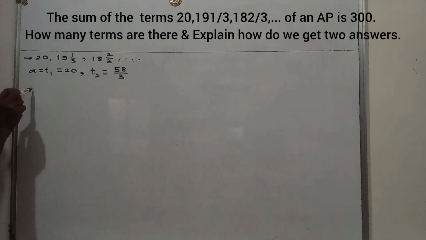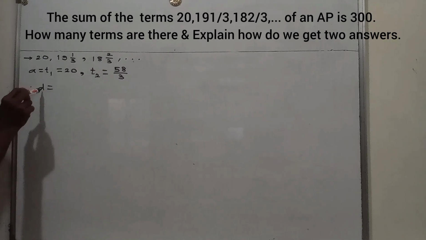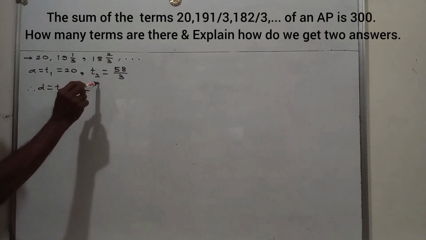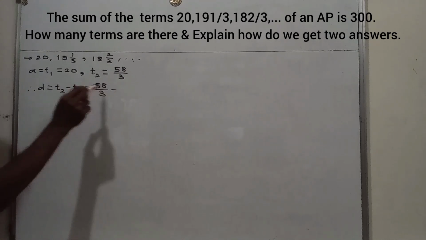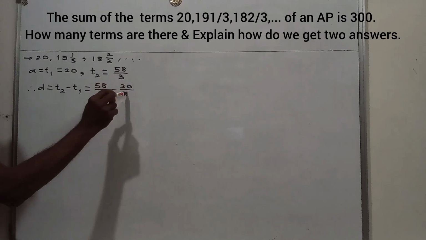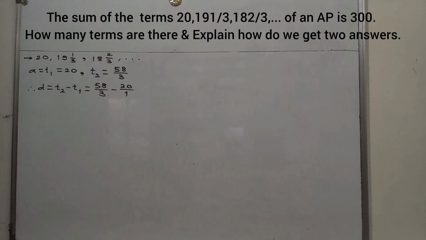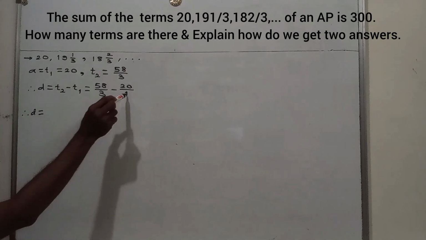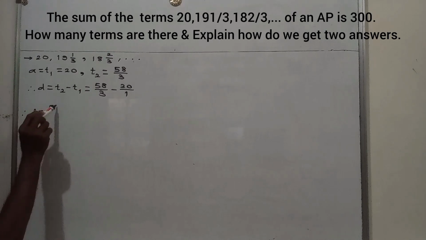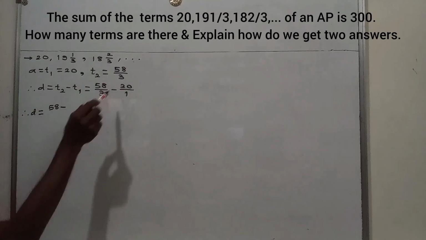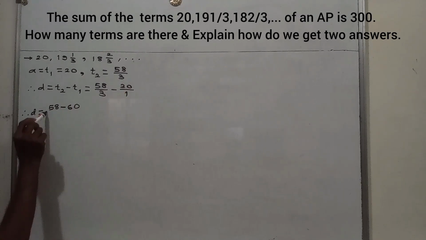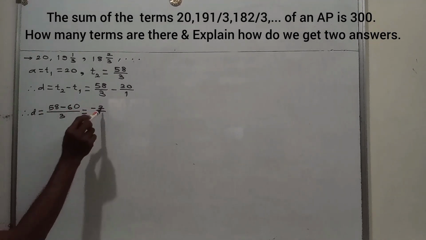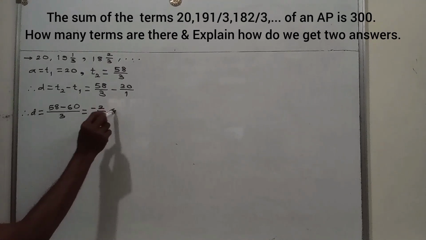Then first we find the common difference d. d = T2 minus T1 = 58/3 minus 20/1. Cross multiplying, d = (58 minus 3 into 20) upon 3 into 1, which is (58 minus 60)/3, therefore minus 2/3. This is our common difference.